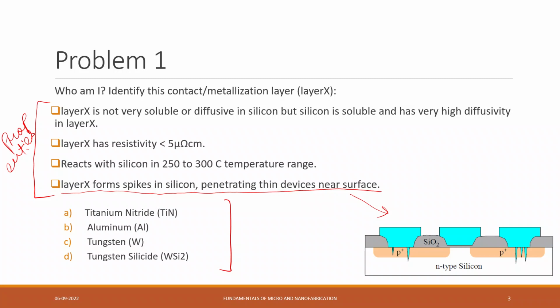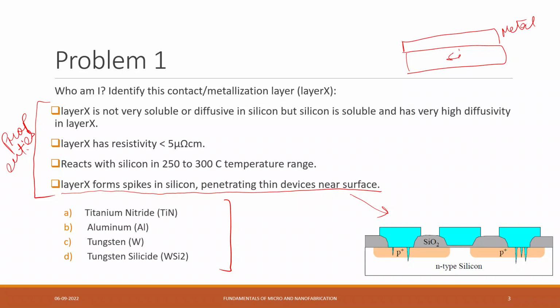You can think of it vice versa: if you have silicon and coat it with a metal, the silicon can also diffuse into the metal layer. Such properties are shown here.